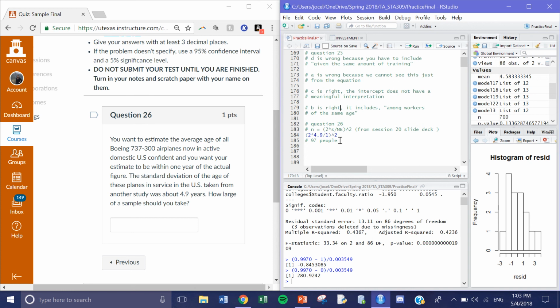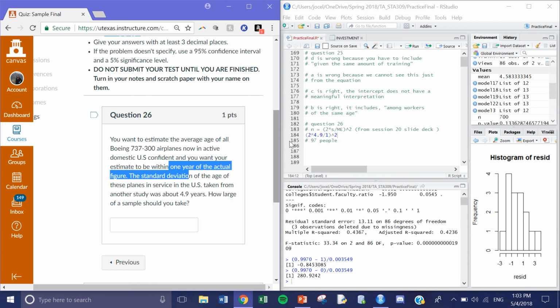So we're using the formula for N, and this formula is directly off of the session 20 slide deck that's in Canvas. It's N equals 2 times sigma divided by margin of error, squared. So I'm just going to plug in 2 times sigma, which is 4.9, divided by margin of error, which is, I want it to be within 1 year.